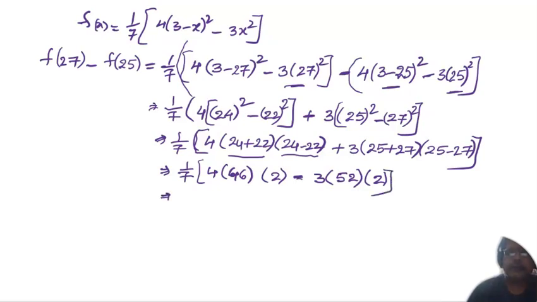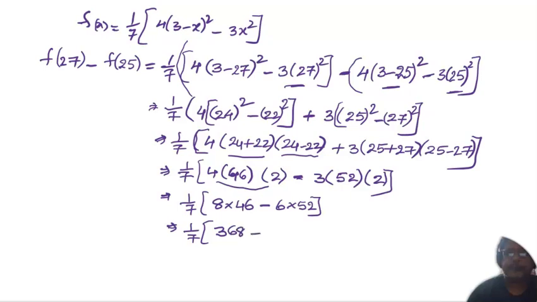So 1 by 7 into 8 into 46, 4 twos are 8, 8 into 46 minus 6 into 52. So here you'll get 1 by 7 into 368 minus 312. So 56 we will get, and 56 by 7 you will get 8.